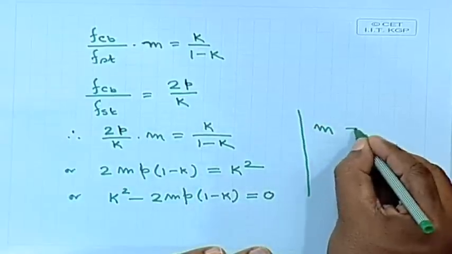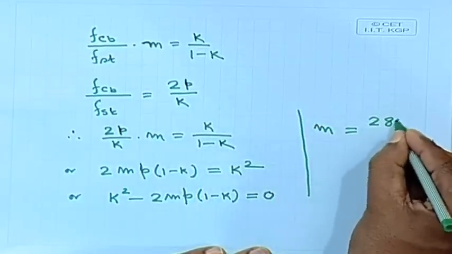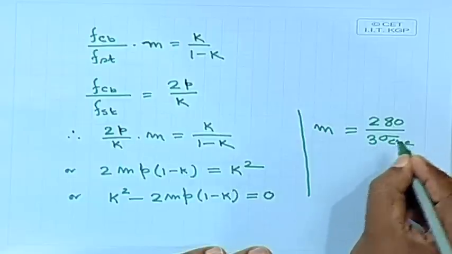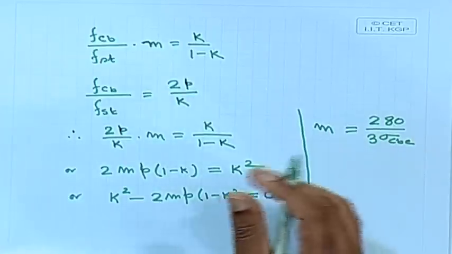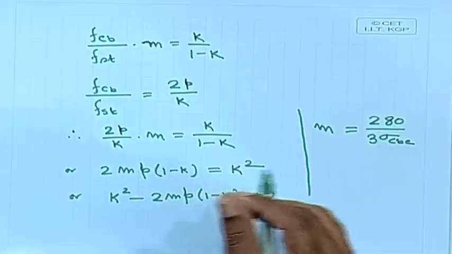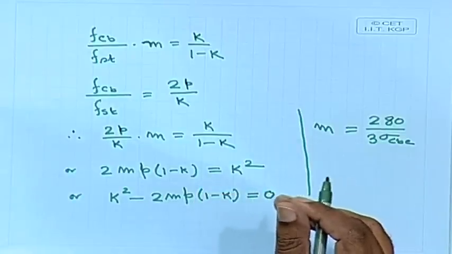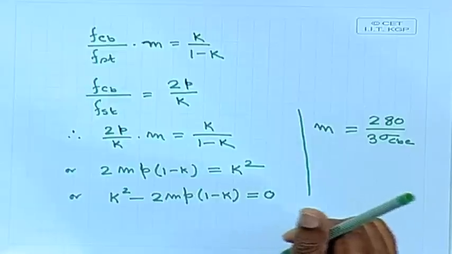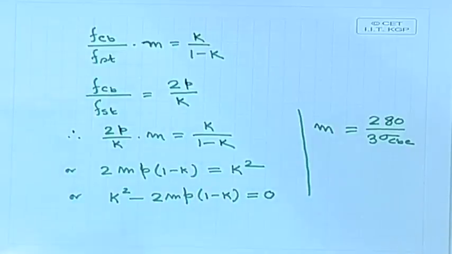So, m equal to 280 by 3 sigma_cbc, getting from the code. We have to choose one particular grade of concrete, maybe M20. For that M20 grade of concrete, we can find out the corresponding sigma_cbc, the compressive stress in bending. From there we can find out the modular ratio m.